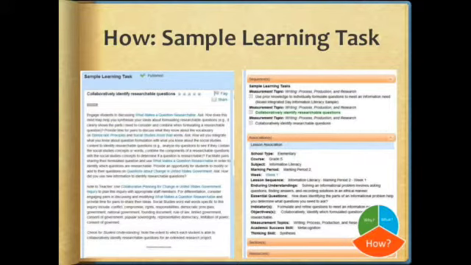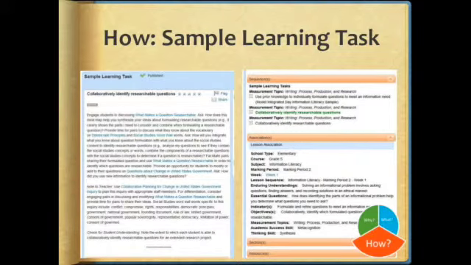The sample learning tasks are written to what the student should be doing. Sample learning tasks suggest an instructional sequence that teachers may follow when teaching a specific indicator. The sample learning tasks have multiple questions that teachers may ask students to assess students' understanding of the standards and indicators.